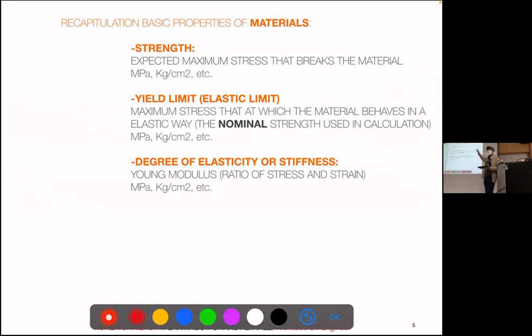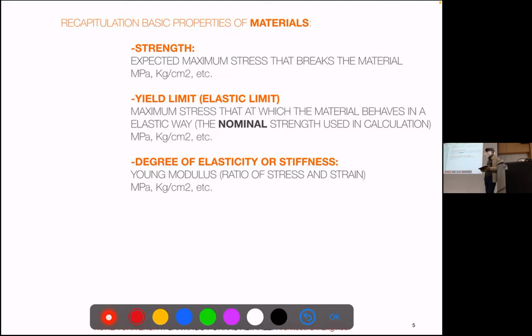The yield limit, elastic limit, in engineering we use both like the same thing. It's not exactly the same, but elastic limit is usually what we mean when we say this steel is 400 megapascal, right? We are telling the elastic limit. This is also the strength we will use to calculate. We don't use the breaking point.